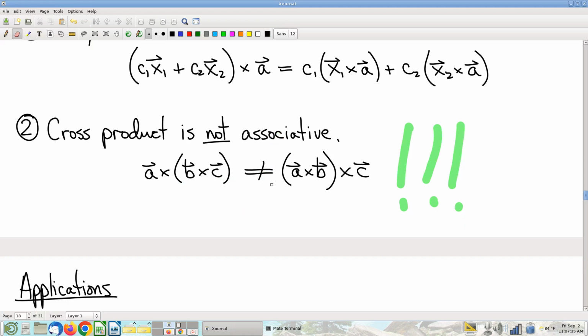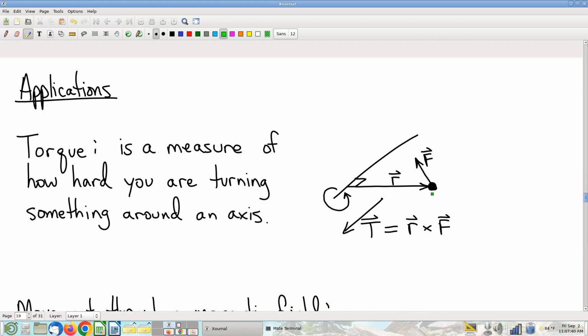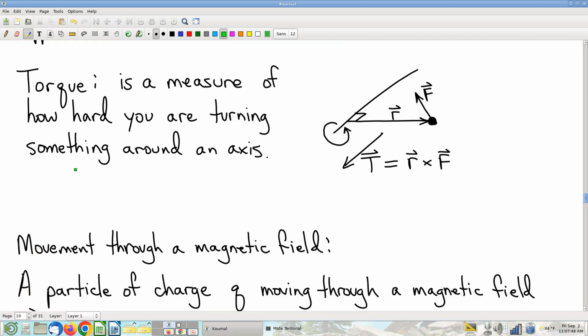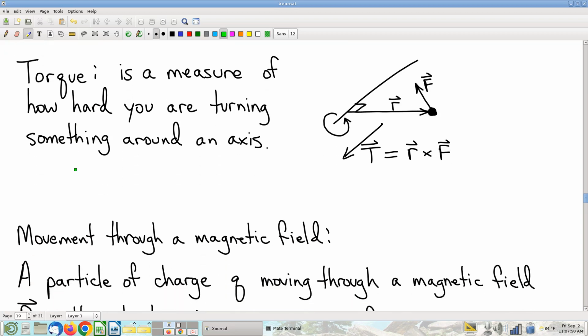Okay. The applications, again, this is in there for your curiosity. I'm not going to test you on your knowledge of torque. But in case you're curious, where does cross product show up in the physical world? It's torque, for one thing. The vector that describes how hard you're turning in an angular sense is a cross product.